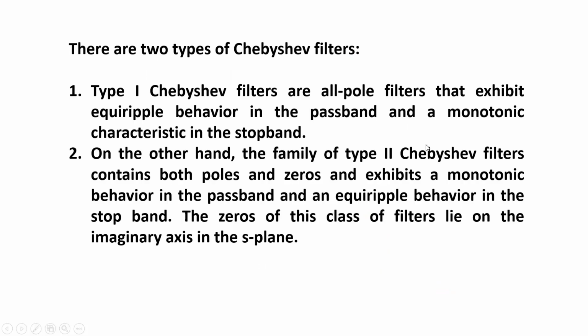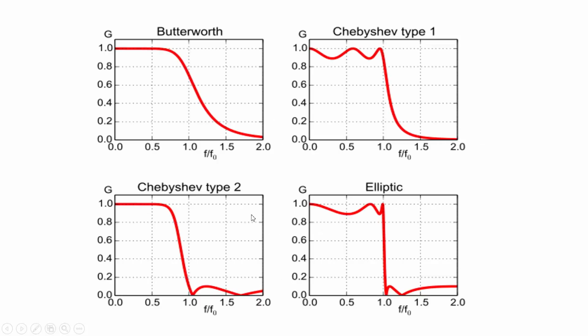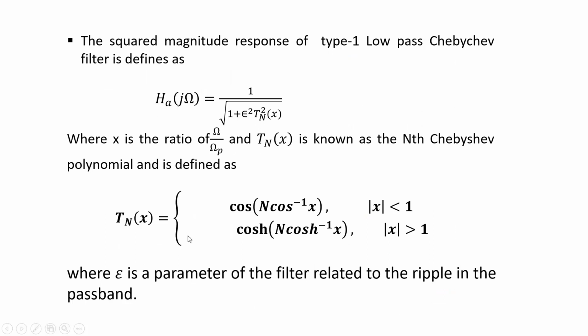So that's what is explained in this nth Chebyshev polynomial function. It says that the function is oscillatory, a cosine function ranging from minus capital omega p to plus capital omega p, whereas beyond that range the function is monotonic. That explains the behavior of type 1 Chebyshev filters through this nth Chebyshev polynomial.